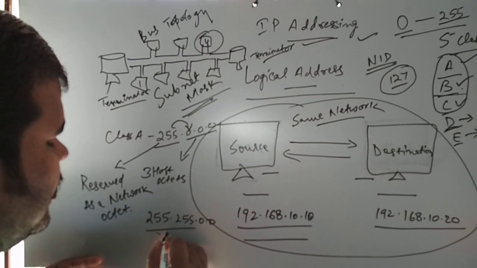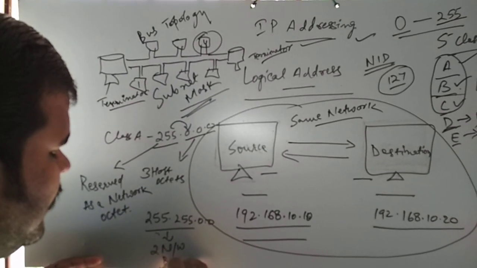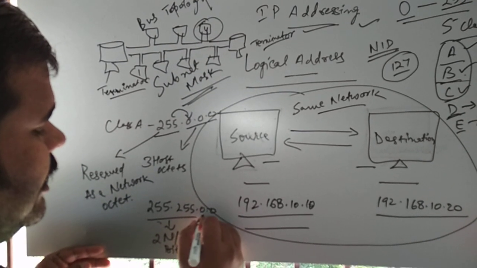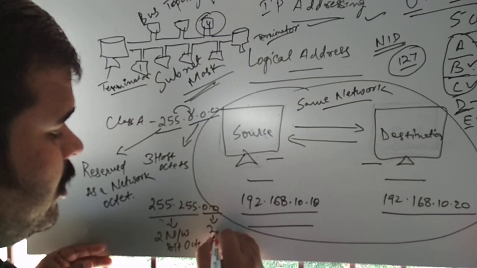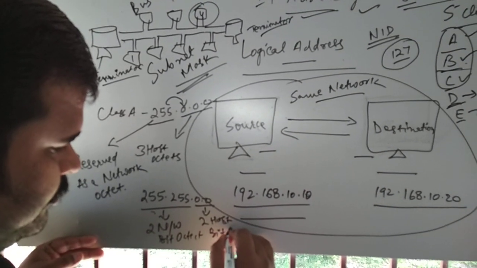That means over here there are 2 network bit octets and 2 host bit octets.